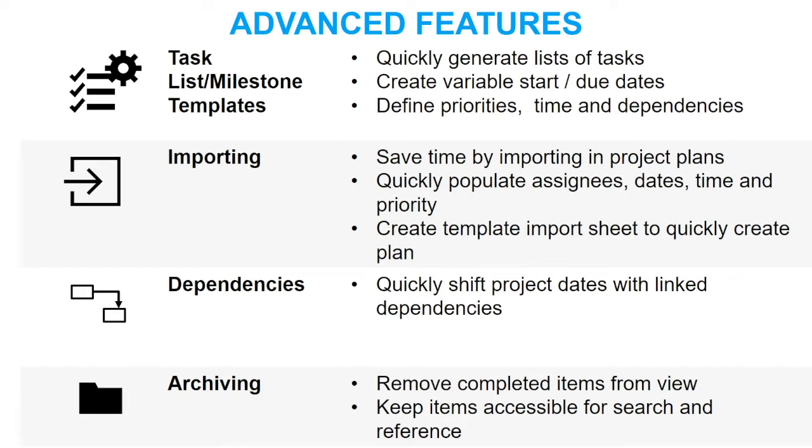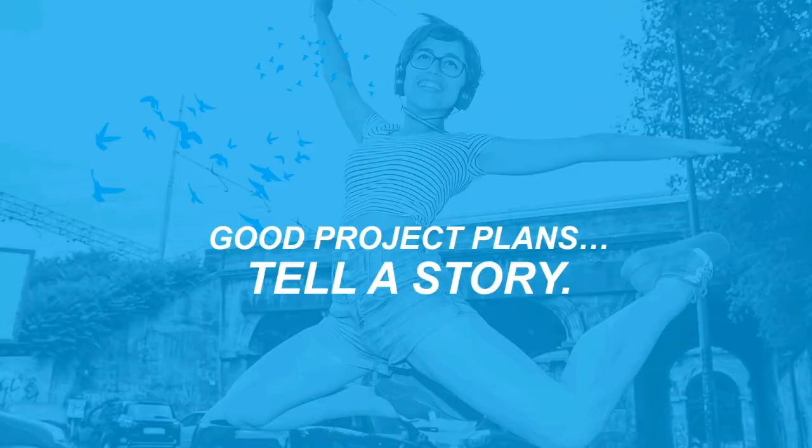Now, the typical rule of thumb that I like to follow when I build project plans in iMeet Central is that a good project plan tells a story. Some people like to use project management in iMeet Central to create little bulleted punch lists, like these are the 10 things we need to do.